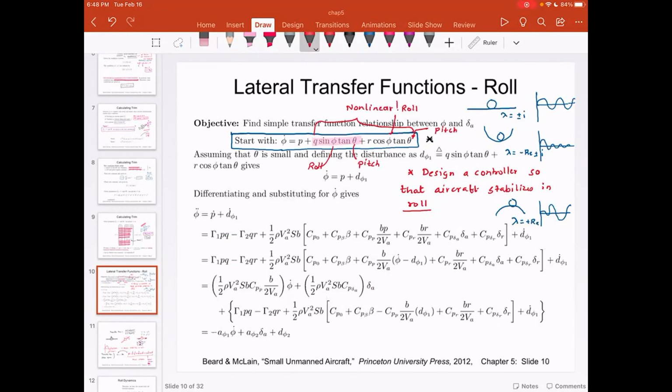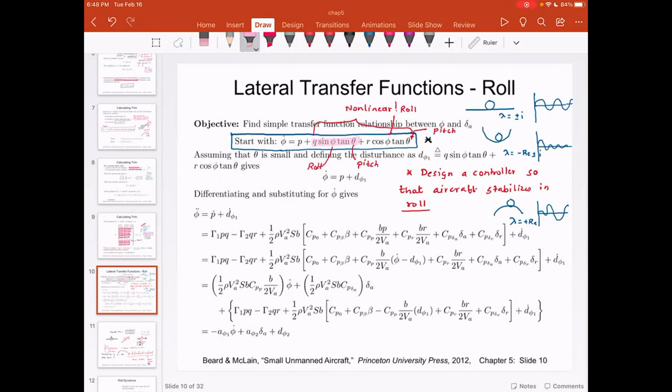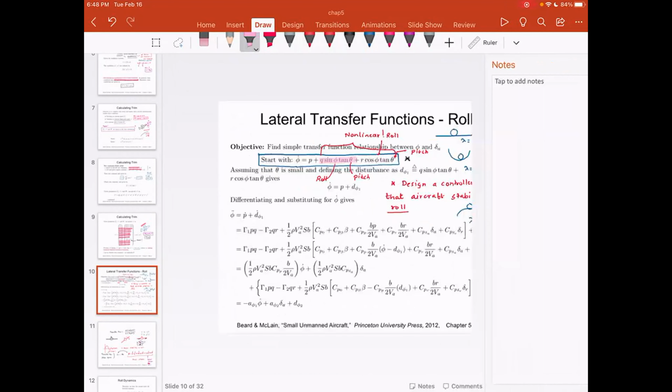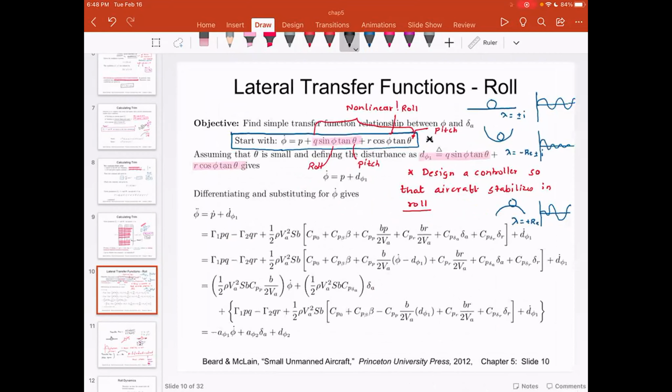So for control design, I'm going to treat this nonlinear term as a disturbance. This is important: the nonlinear term is treated as disturbance.